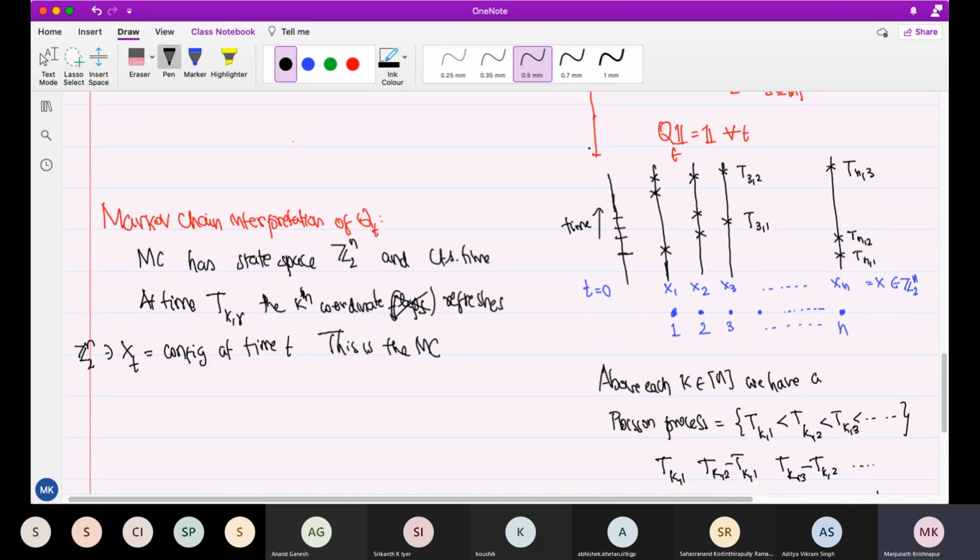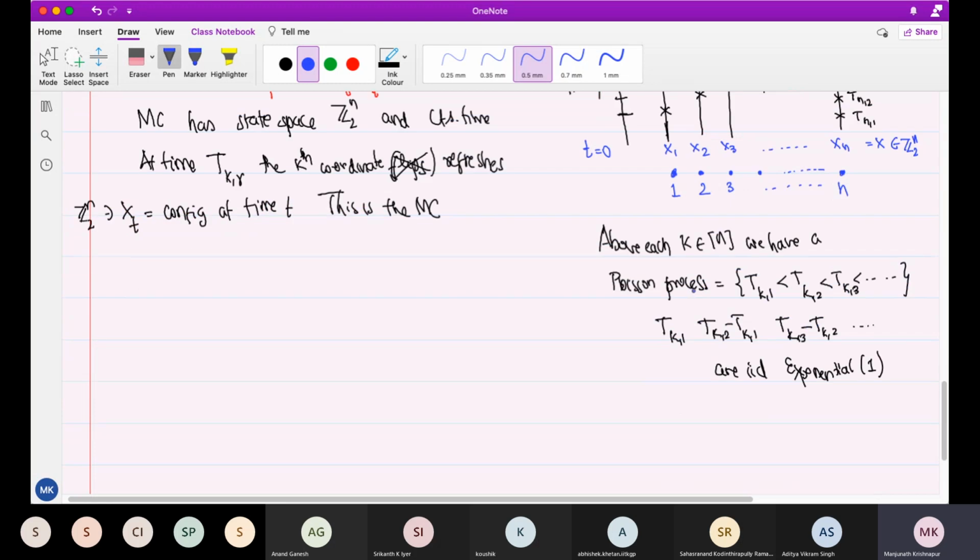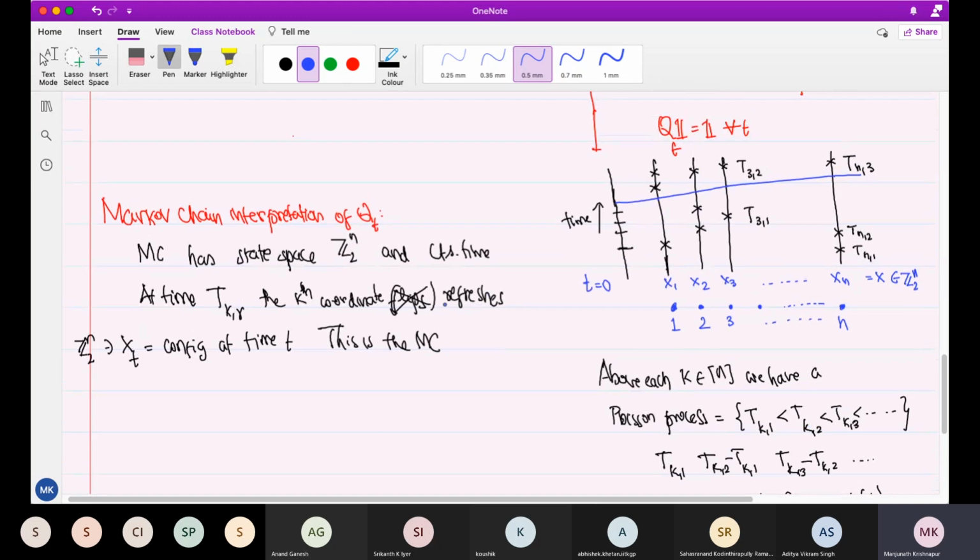If I slice at a given time and tell you the configuration, whether this is +1 or -1, this is +1 or -1, and so on, then the future evolution is not affected by whatever happened before. That Markov property requires you to make these IID exponential. If you put IID uniform, that won't work. So that's how this is.